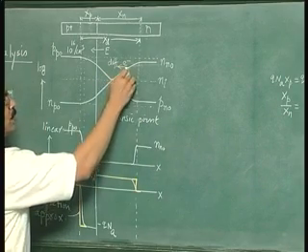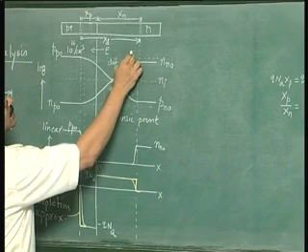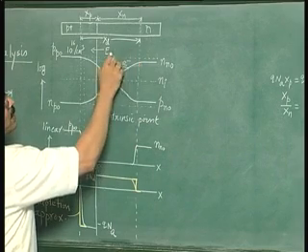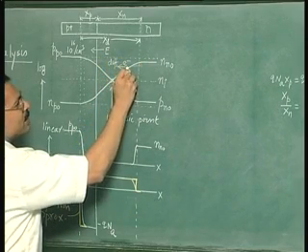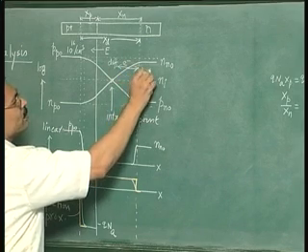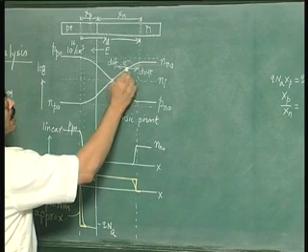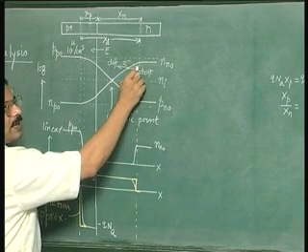So electrons move in this direction because of diffusion, but then you have an electric field in this direction. So this electric field will drive the electrons in this direction. So you have the drift flow in this direction. Thus the diffusion tendency cancels the drift tendency.